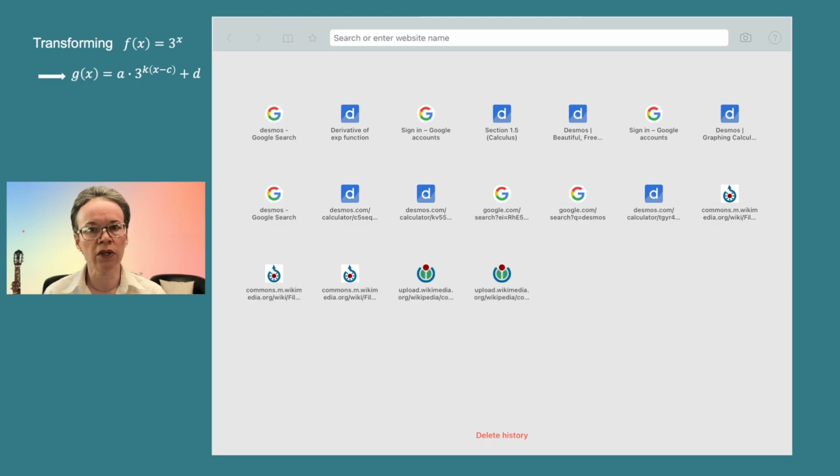I want to review with you exactly the effects of a, the effect of k, the effect of c, and d on the original function, on the parent function. What happens when we apply a? What happens when we apply k? And so forth. We're going to go ahead and look at this demonstration by using Desmos.